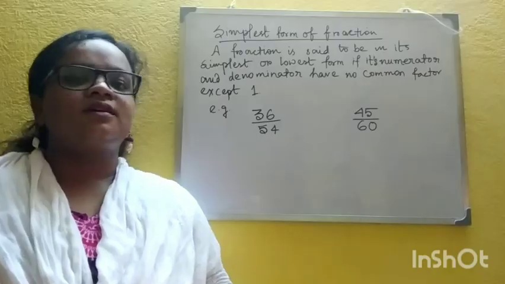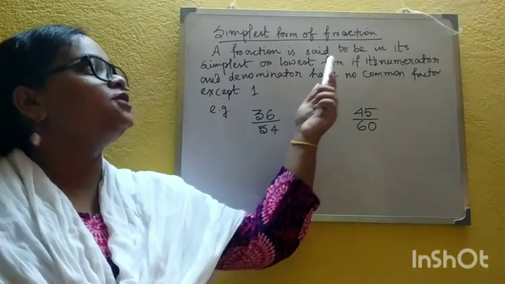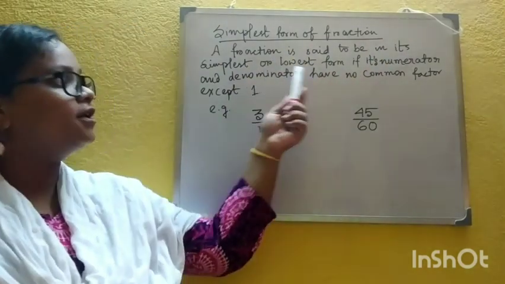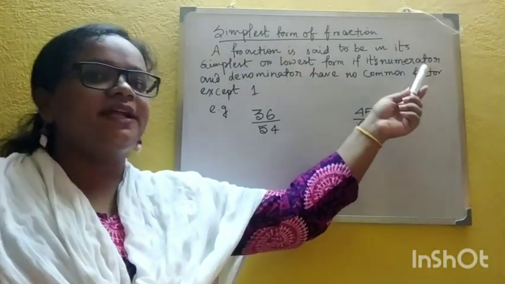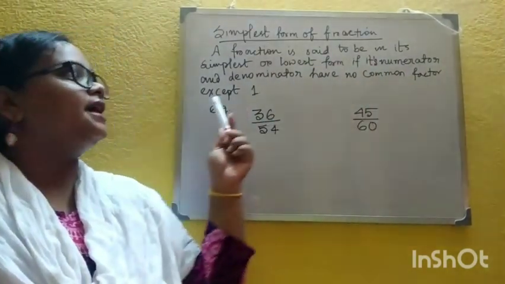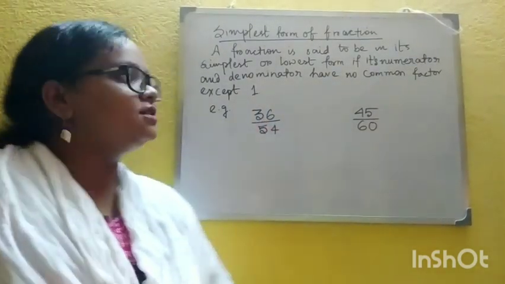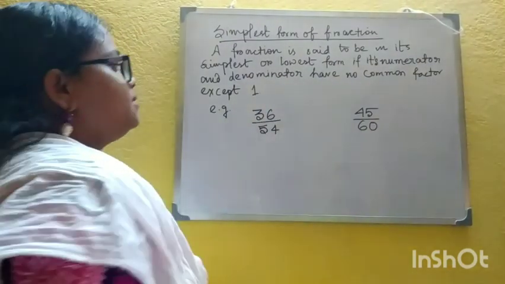Okay? Simplest form of a fraction. A fraction is said to be in its simplest or lowest form if its numerator and denominator have no common factor except 1. So let's see some examples, students. 36 by 54.